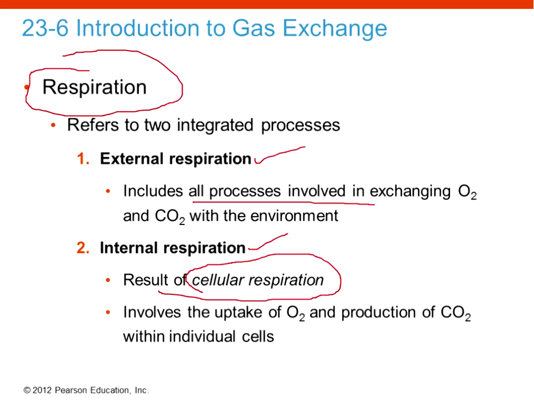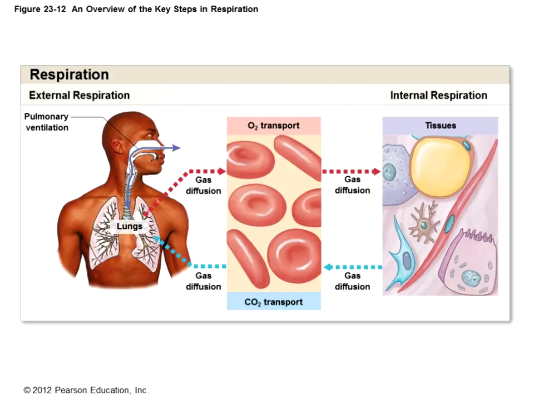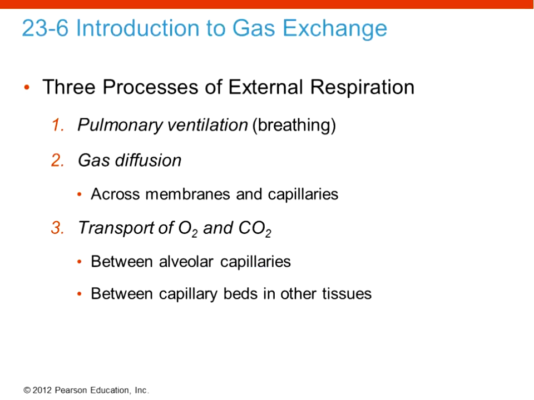That is internal respiration. So there are two separate processes involved here. Basically, external respiration is all those processes involved in getting oxygen down to the blood, but internal is where that oxygen is given off to those tissues.